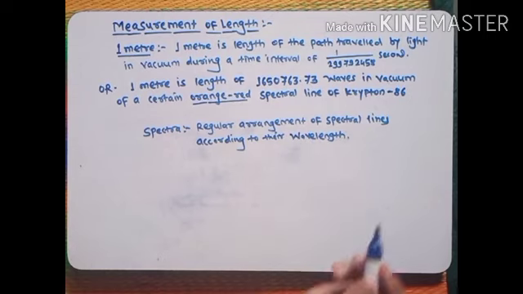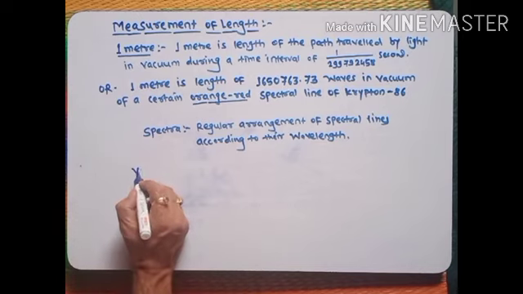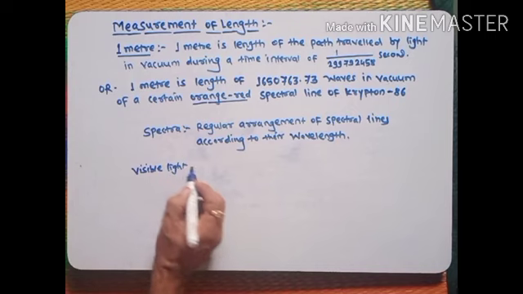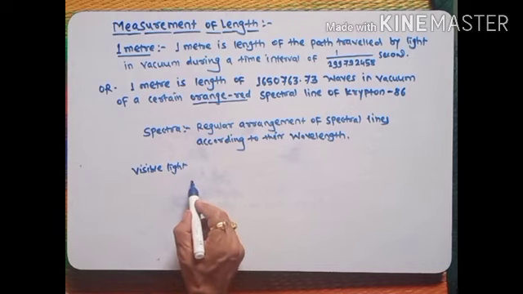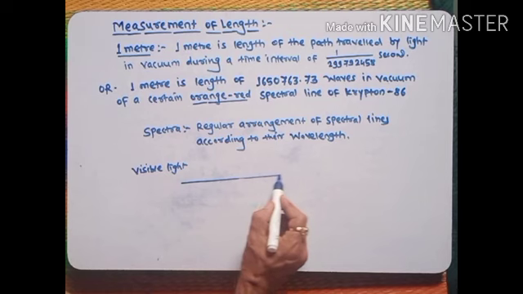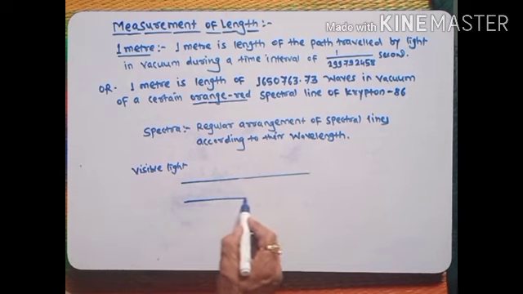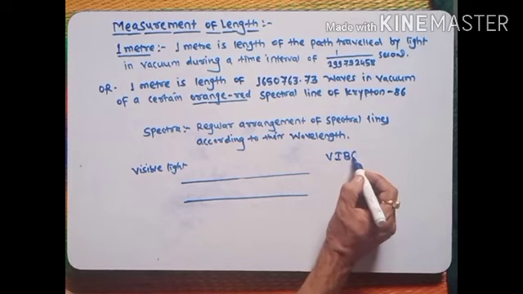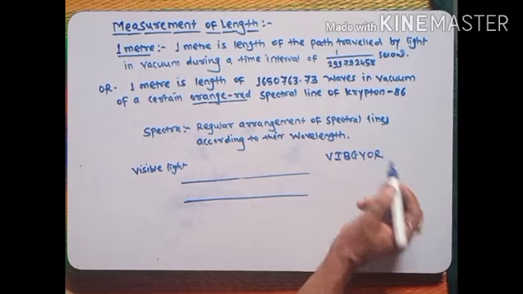Then spectral line means, suppose you consider the visible light, then it consists of 7 colors. We write it like this, VIBGYOR.